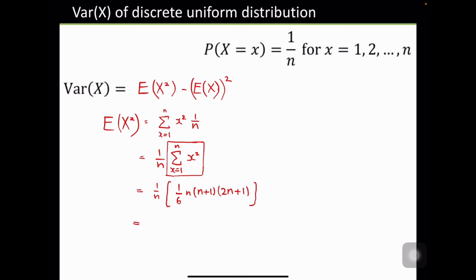So again, this cancels this n, and so we are left with 1 over 6 n plus 1, 2n plus 1.